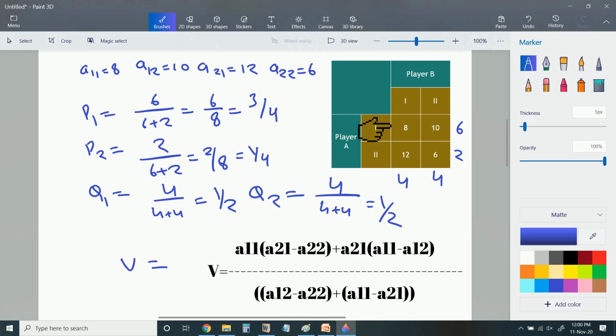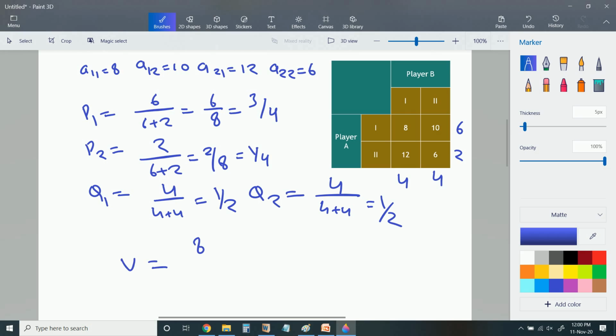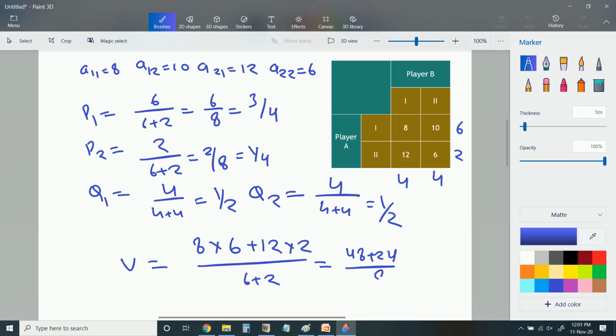Take this 8, multiply it by this 6, plus take this 12, A21, multiply by this 2. And the sum of these two, 6 plus 2. This is 48, this is 24, this is 8. So in total we will have 72 divided by 8.